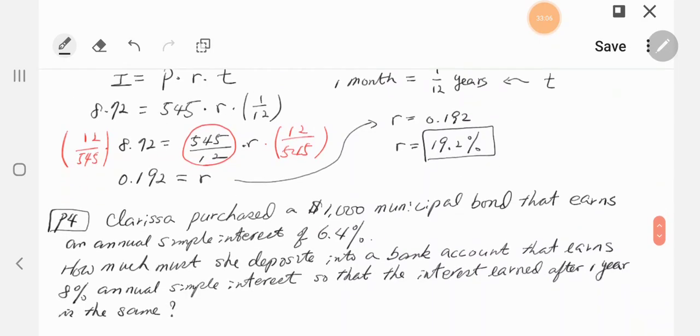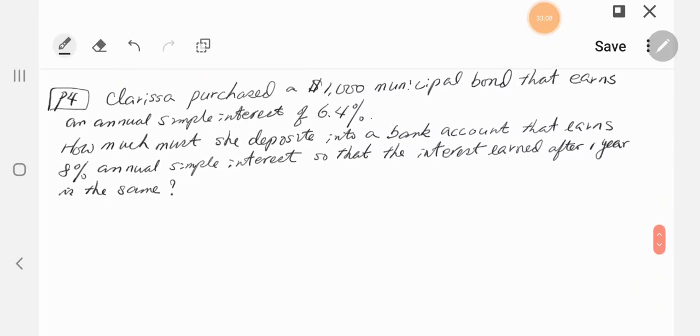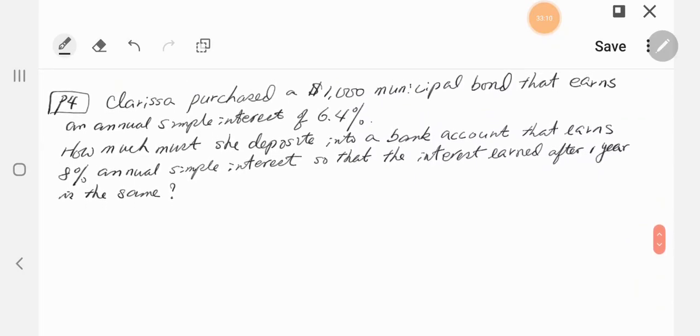Okay, let's try the next example. Clarissa purchased a $1,000 bond that earns an annual simple interest rate of 6.4%. She deposited $1,000, she bought a bond, and the rate is 6.4%.